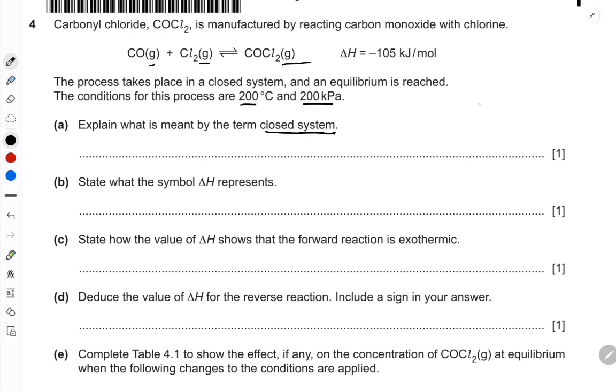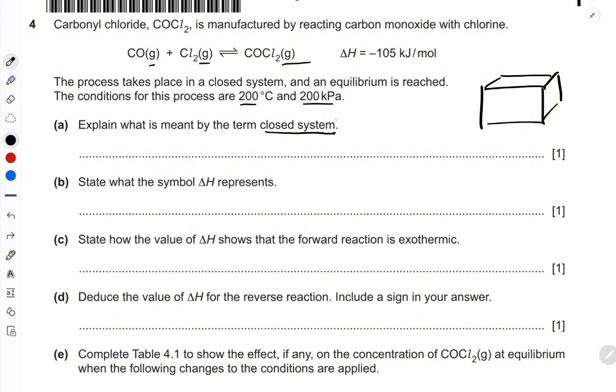Now class, the whole idea here is if you had gases which could escape, then it would never be able to reach equilibrium. Imagine if you could escape. So no, the idea is it can only, remember what's equilibrium? When the rate of the forward reaction is equal to the rate of the backward reaction, and concentrations of both reactants and products remain constant.